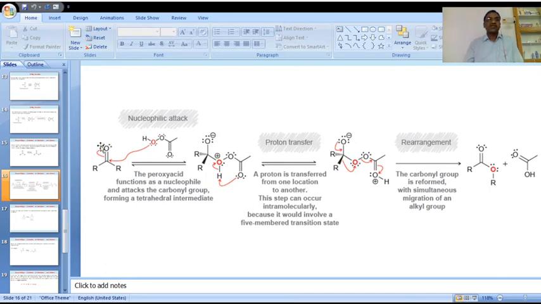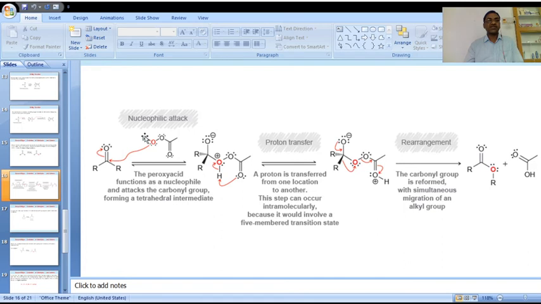Here please observe, this is the starting material, the ketonic functional group. First, before going to this Baeyer-Villiger oxidation reaction, this oxidation reaction also proceeds in 3 steps.